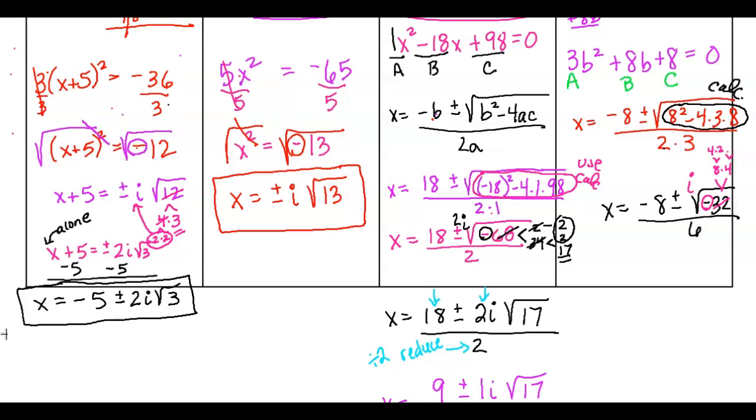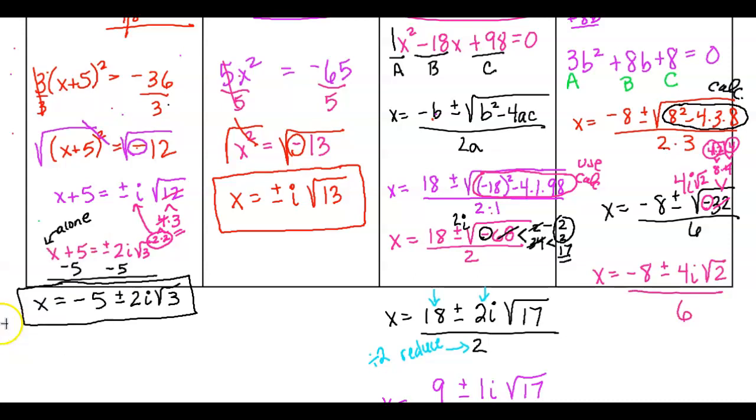Since I have a 4, I'm just going to leave the 4. So here a 4 is a double. So even though it does break down, if you notice that it's a double, we can take it out. It saves you some work. This 2, though, don't lose it, that's single. So I'm going to write that nicer. So x equals -8 plus or minus 4i root 2 all over 6.